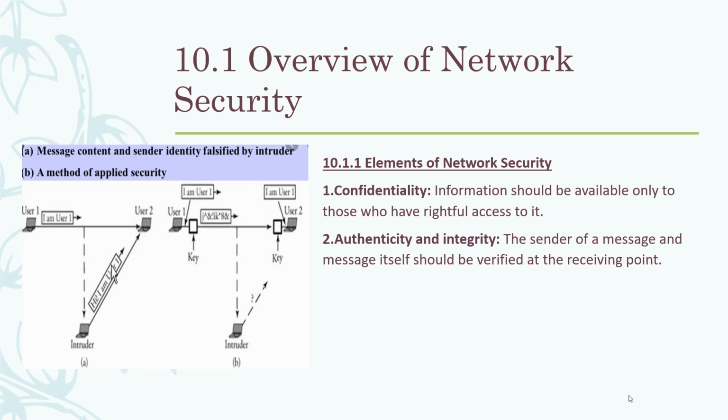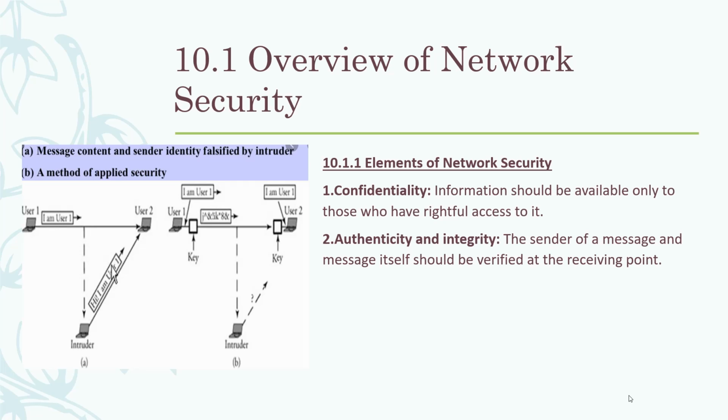So let us look at this diagram wherein user 1 wants to send a message, that is, I am user 1, to user 2. Since the network lacks a security system, an intruder can receive this message and change the content to a different message.